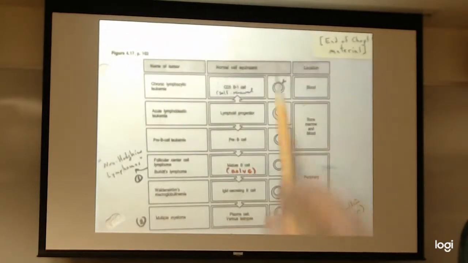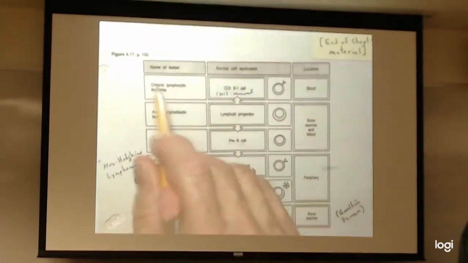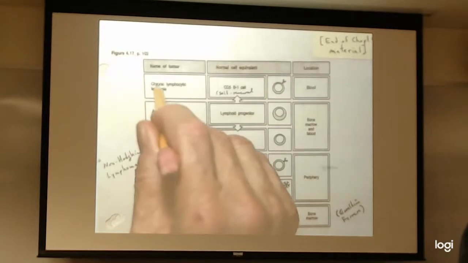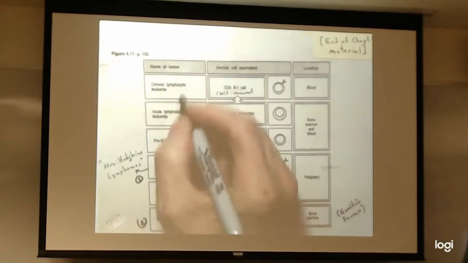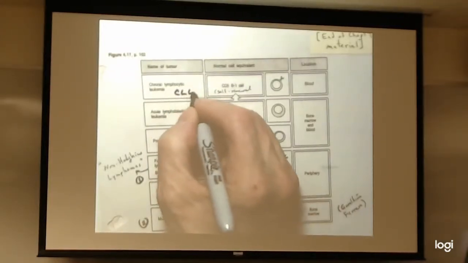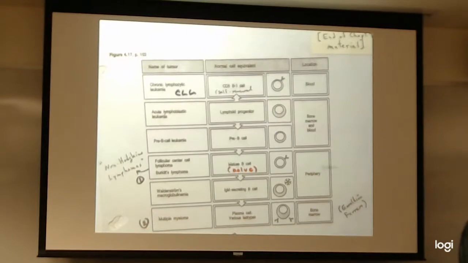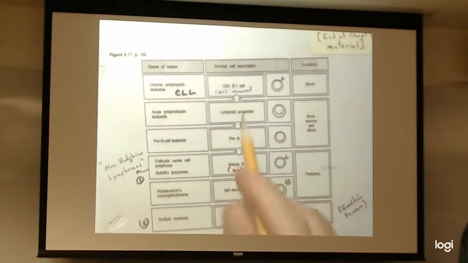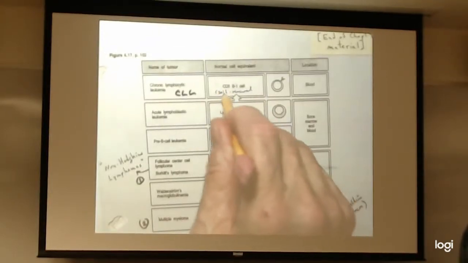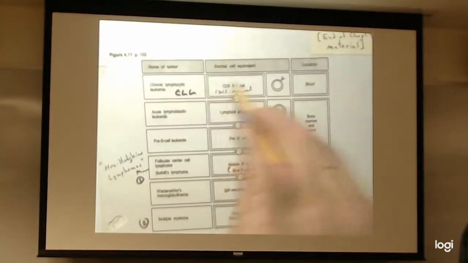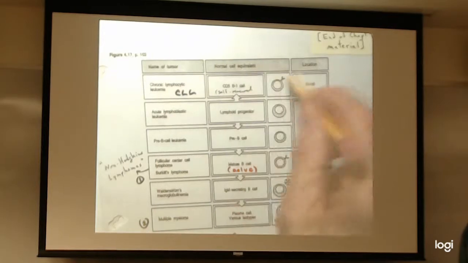So we already said chronic CLL, chronic lymphocytic leukemia. That's a cancer which has its origin in these more primitive B1 B cells here, and they are proliferating in the blood.